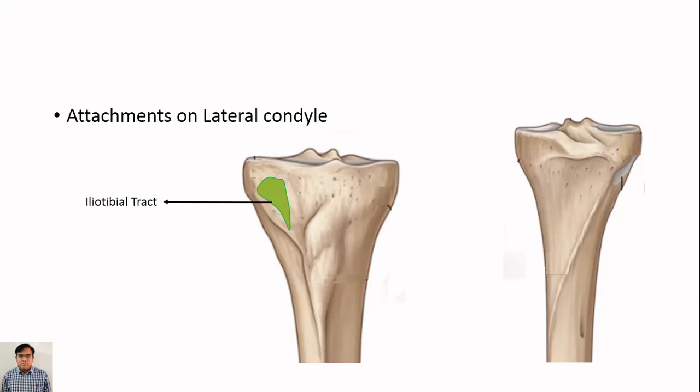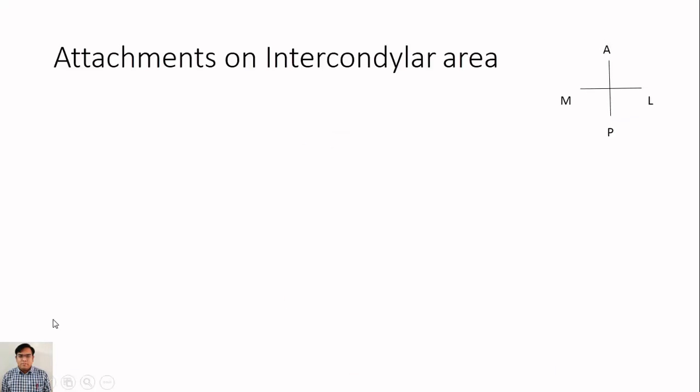On the posterior aspect, there is attachment of the capsule of the superior tibiofibular joint, and one bursa is present inside the tendon of popliteus muscle. This is the bursa and this is the tendon of popliteus muscle.